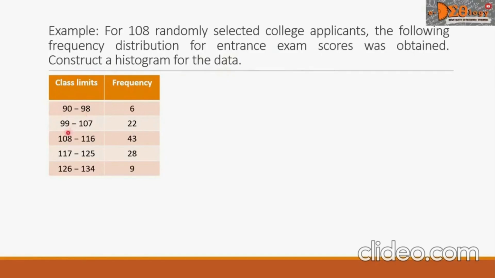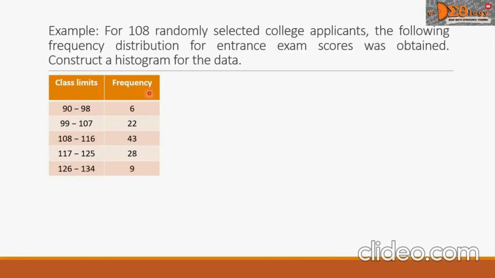The second class interval is from 99 to 107. The third is from 108 to 116. The fourth class interval is from 117 to 125. The last class interval is from 126 to 134.